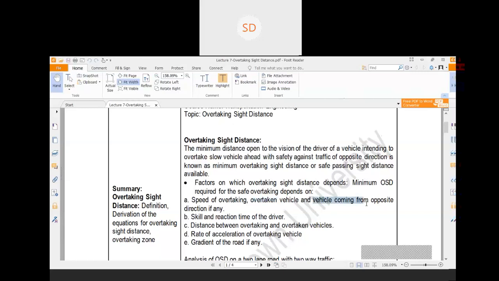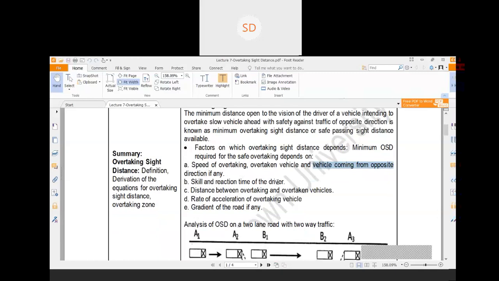The vehicle coming from the opposite direction is also important, because if there is no lane division or median, the opposite vehicles have a huge role in the overtaking operation. If no room is allotted and an opposite moving vehicle is there, you cannot overtake unless there is free space available.